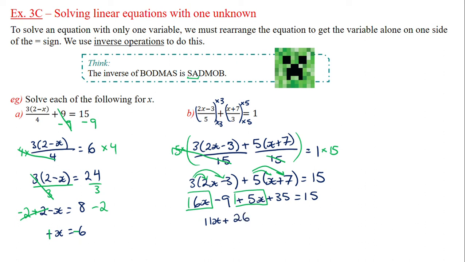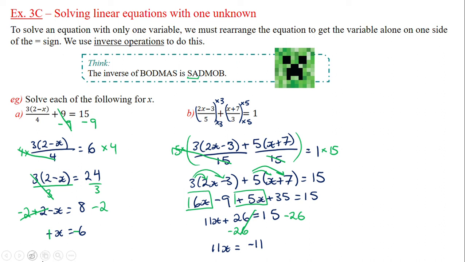Positive 26. And equals 15. And now we have an equation that is much easier to work with. So we're going to subtract 26 from both sides. They're gone. All right. And that leaves us with 11x over here equals negative 11 here.